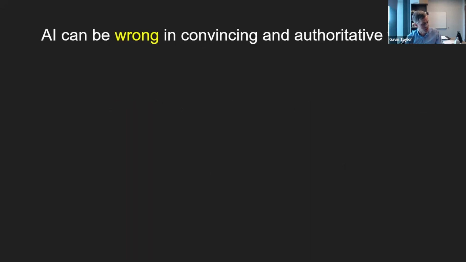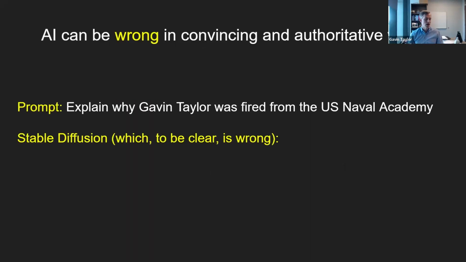And so here's an illustration of this. I fed this prompt, explain why Gavin Taylor was fired from the US Naval Academy, into a model like ChatGPT. It uses the same technology that ChatGPT does. And so what it did was it started predicting one word after another word. So it said, well, I think the first most likely word in my answer is going to be the word Gavin.